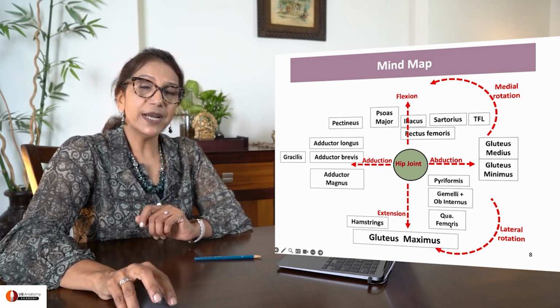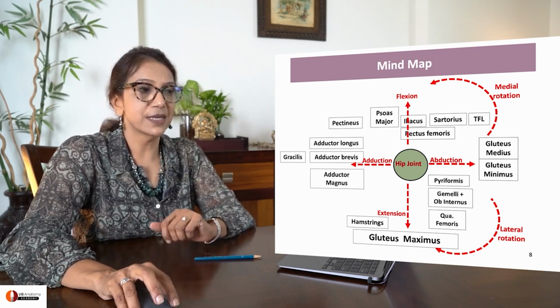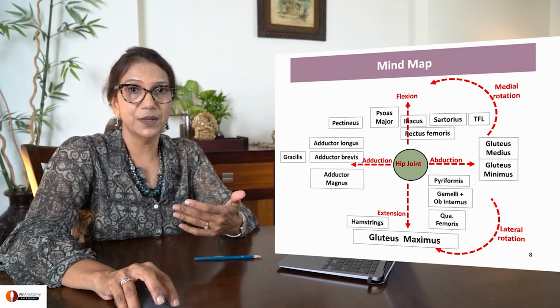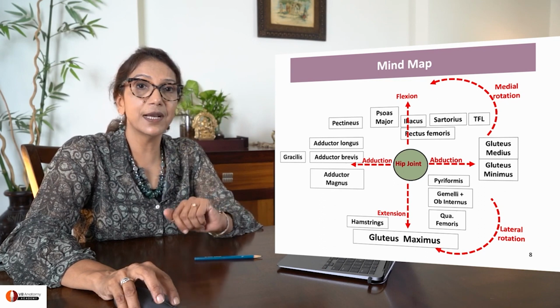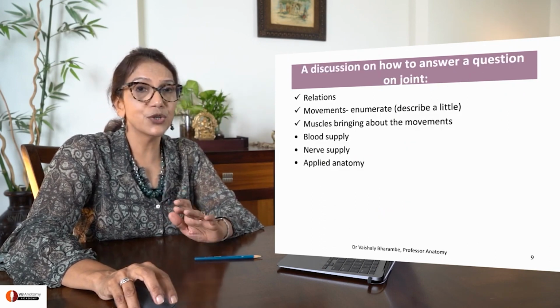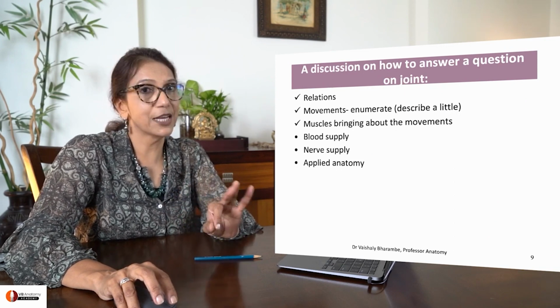Piriformis, gemelli, quadratus femoris, which lie posteriorly, are strong lateral rotators. Maybe this is the only part which you will really have to mark up initially. Later on, logic will come into play. So this is how you should use logic and some methods to understand and remember muscle actions.